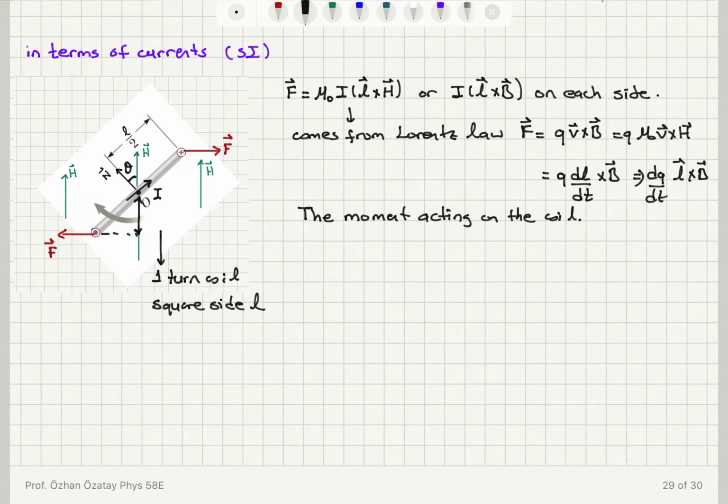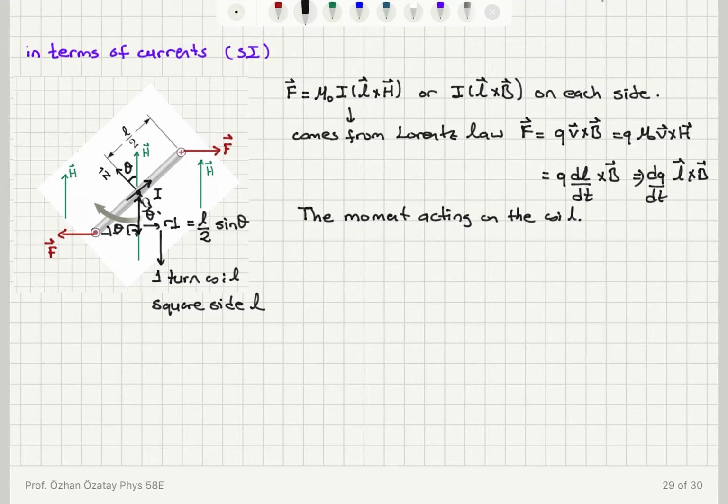Since this angle will be theta, this angle will be theta. So L over 2 sine theta. So this is the perpendicular distance r over 2. That will be equal to L over 2 sine theta.